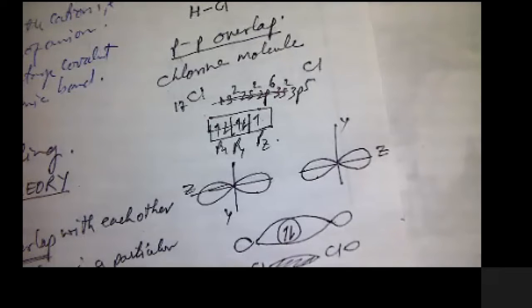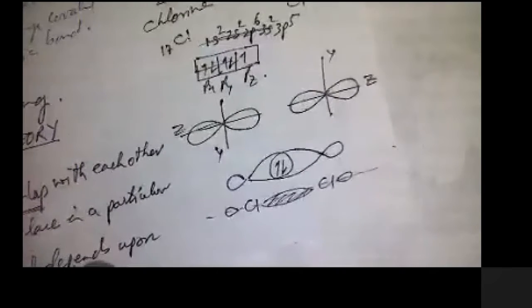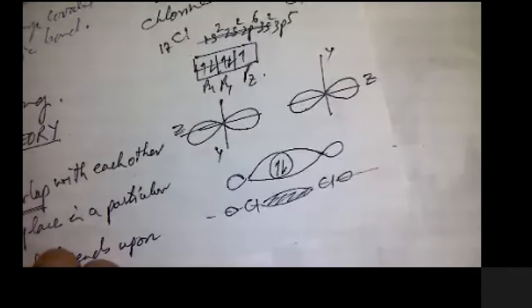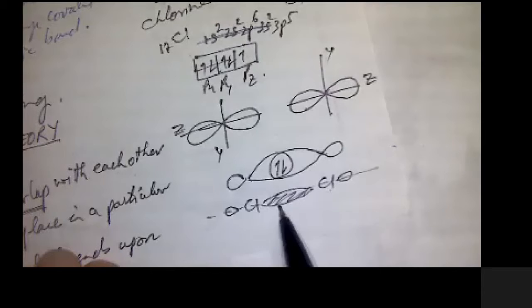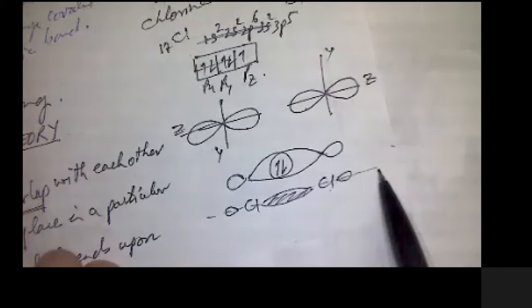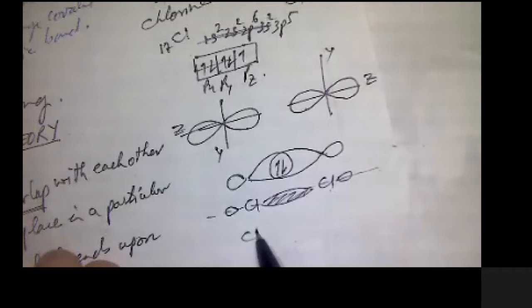Again, I can draw the axis. What will it be? The overlapping is in between the nuclear axis. This is a nucleus, this is a nucleus. So in between the nuclei and on the nuclear axis. So usually we write Cl-Cl.